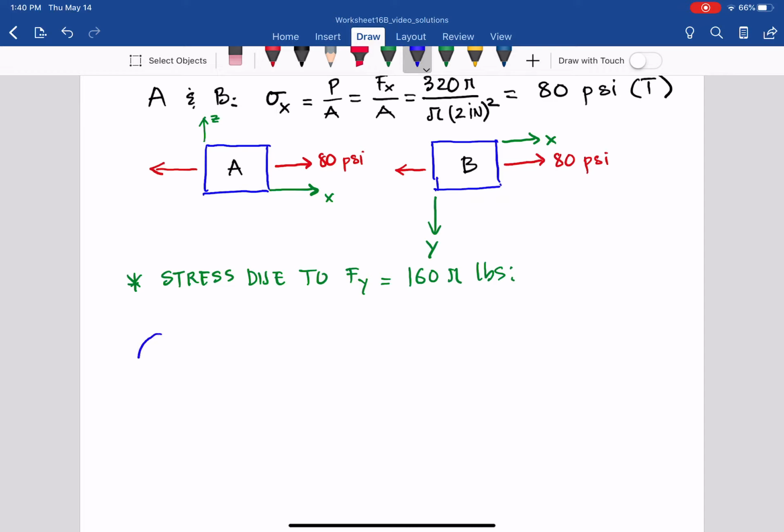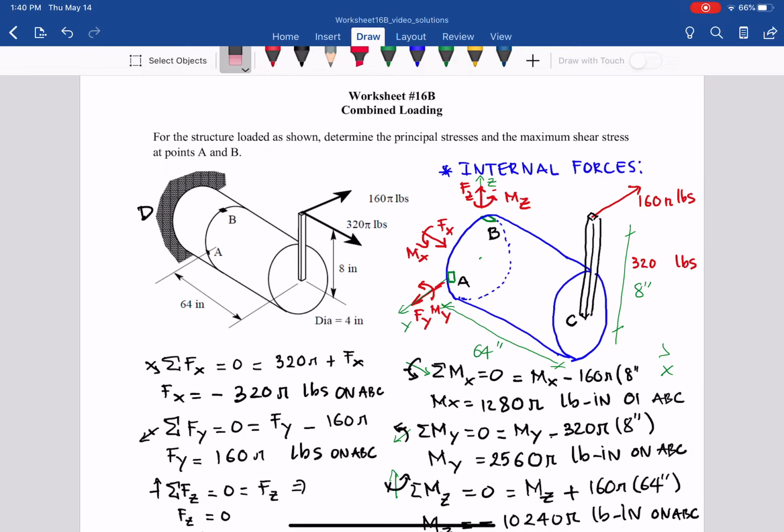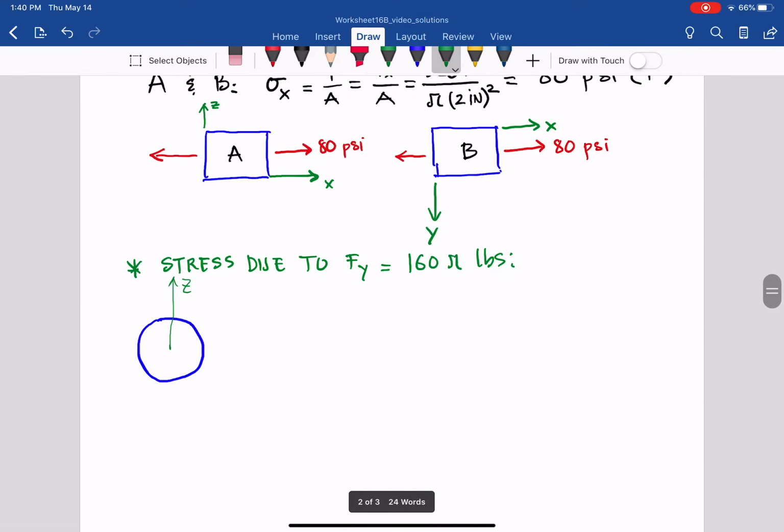You see this cross section of the shaft, and x is perpendicular to the page and goes out of the page. The z axis basically goes up, that's z, and the y-axis goes that way.